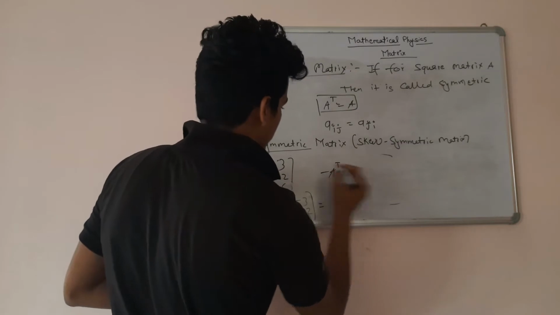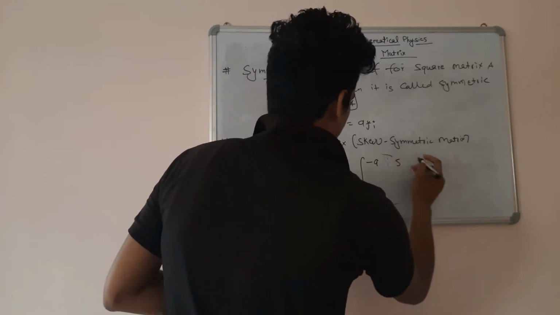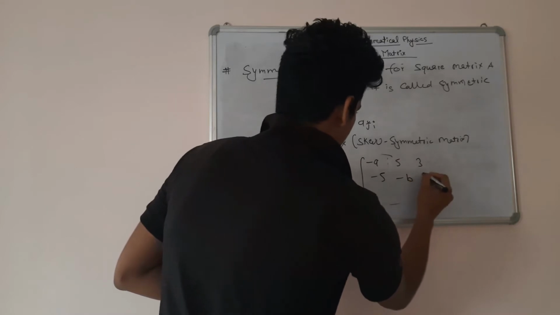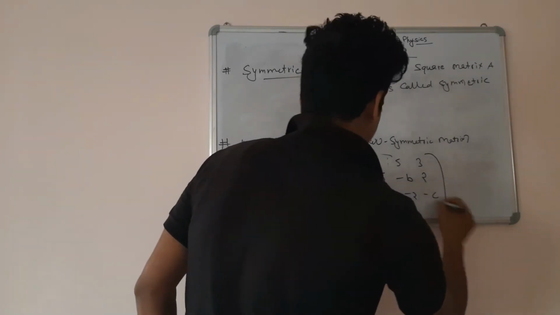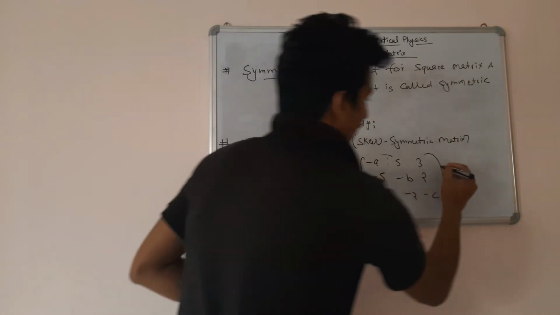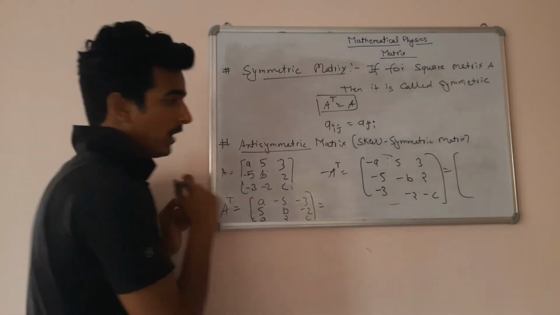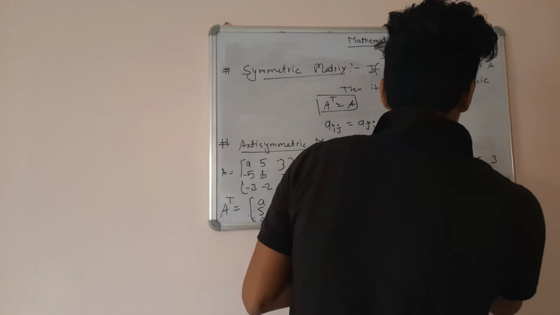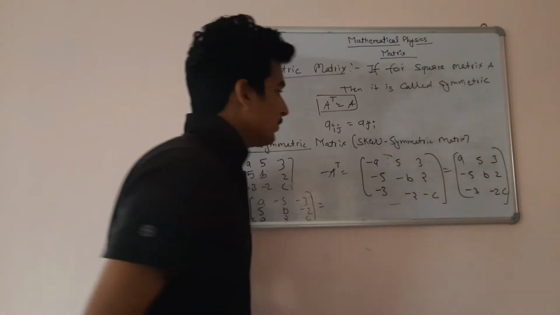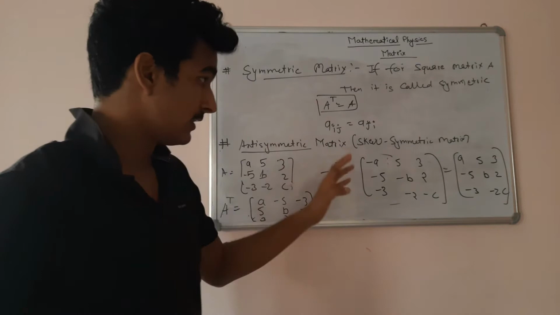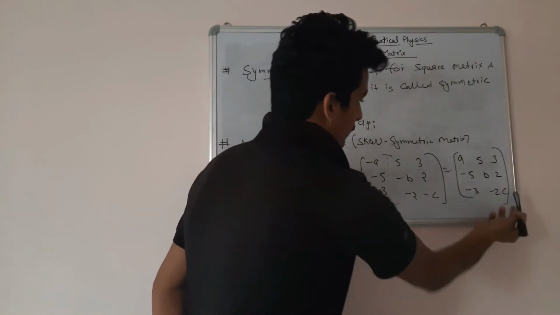Then A transpose becomes minus A, plus 5, 3, minus 5, minus B, 2, minus 3, minus 2, and minus C. According to the definition of a skew symmetric matrix, it has to equal our original matrix A, 5, 3, minus 5, B, 2, minus 3, minus 2, C. Now compare the diagonal elements: minus A equals A, minus B equals B, minus C equals C.